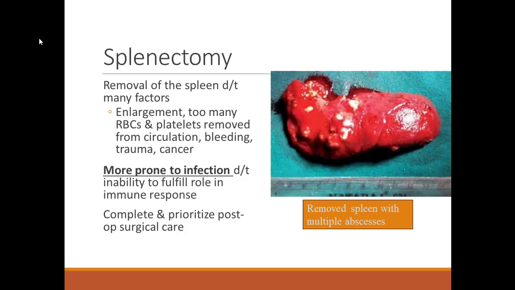But what I did want to touch base with you on are a few things about blood transfusion reactions. There are different types of reactions. There's the febrile, which is the most common.